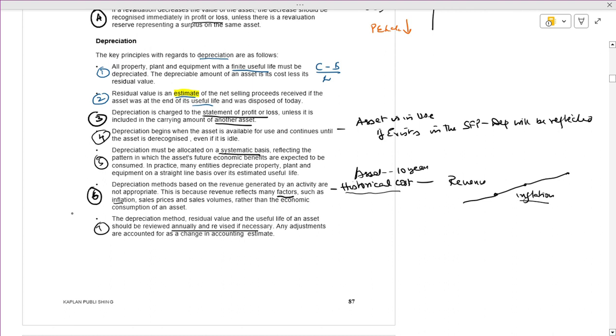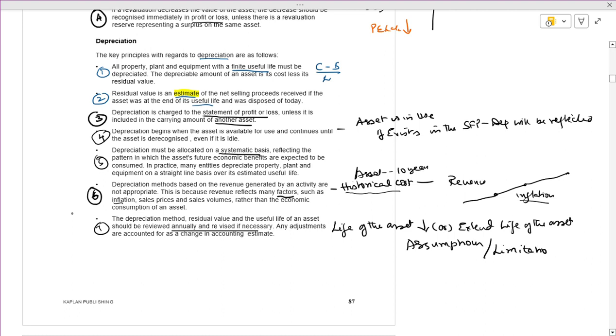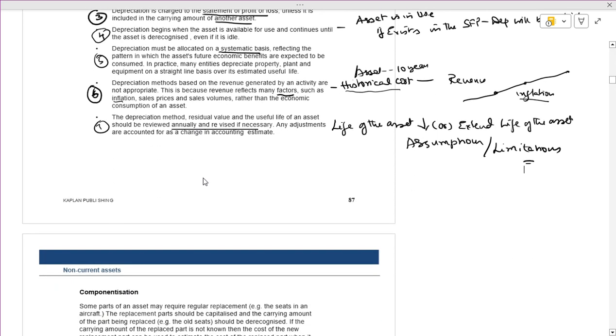Sometimes the life of the asset will decrease, or we can extend the life of the asset. These are all assumptions, as well as part of limitations. Fine. These are the things we have to consider.